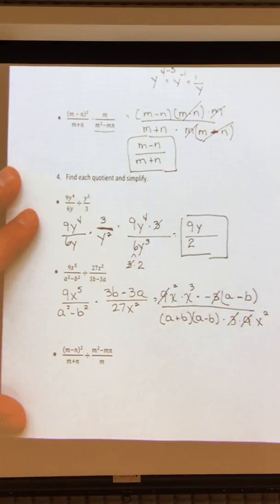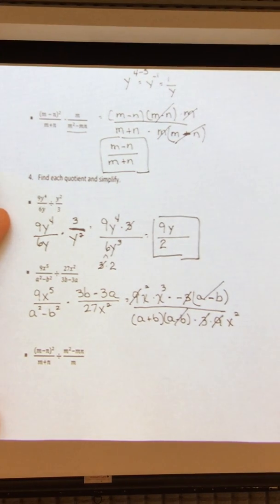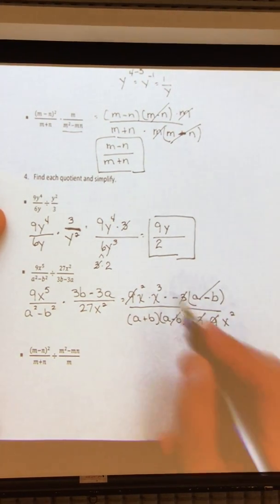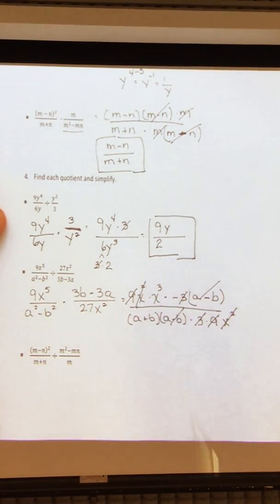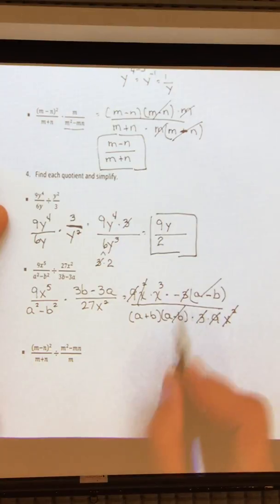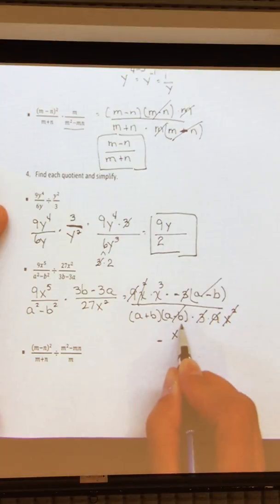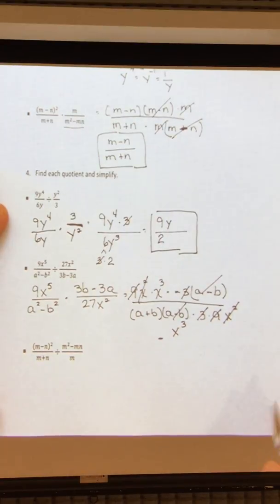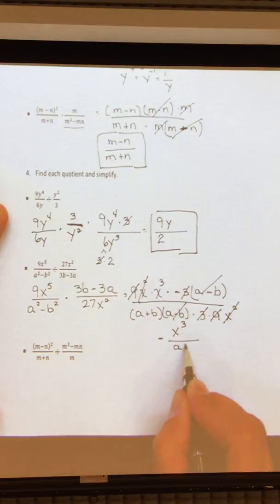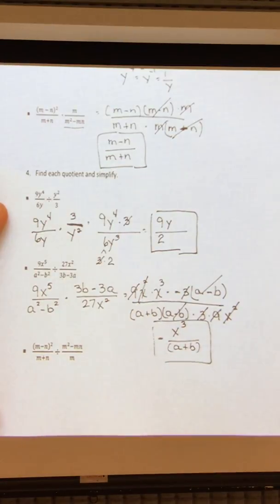And we can cancel out the a minus b. And also the x squared. So in our numerator, we are left with x cubed. Again, you have a negative, so let's put the negative here. Negative x cubed over a plus b. And that is our final answer.